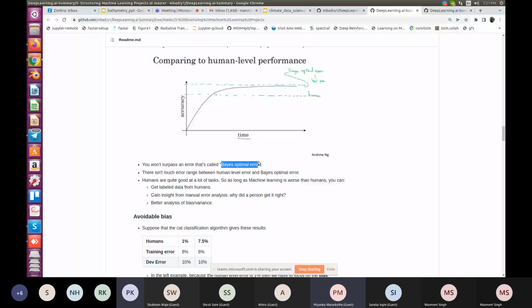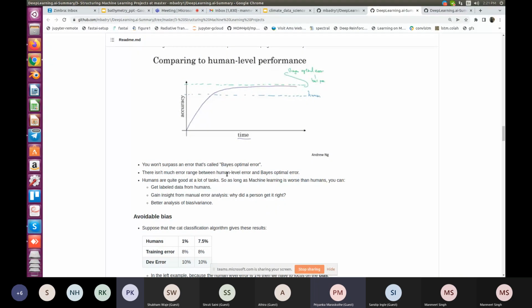So there isn't much error between human level error and Bayes optimal error, and humans are quite good at a lot of tasks, but most likely not in our field, geosciences. Like you can't just see and tell. The problems are much more complex.